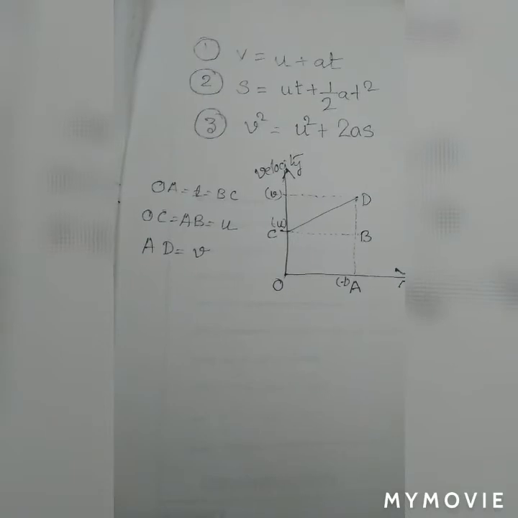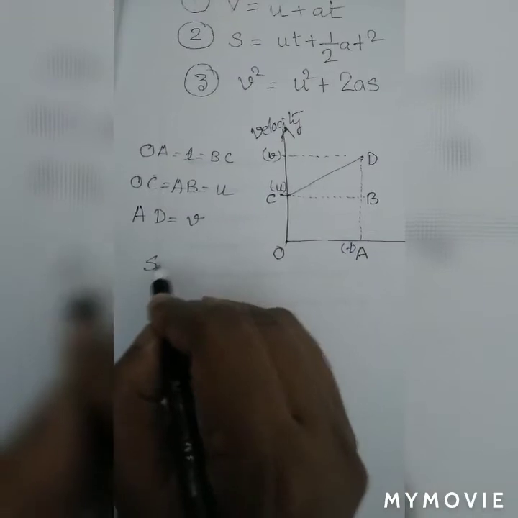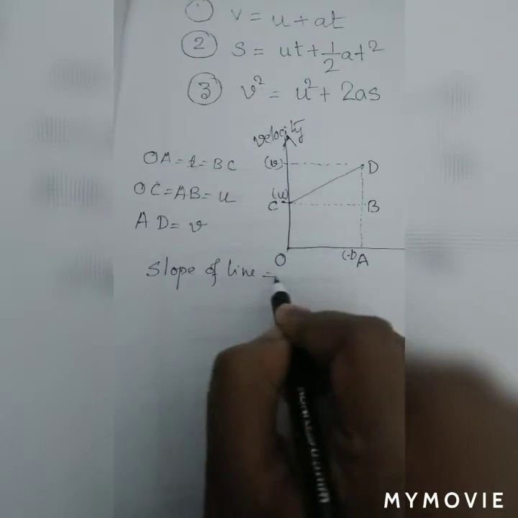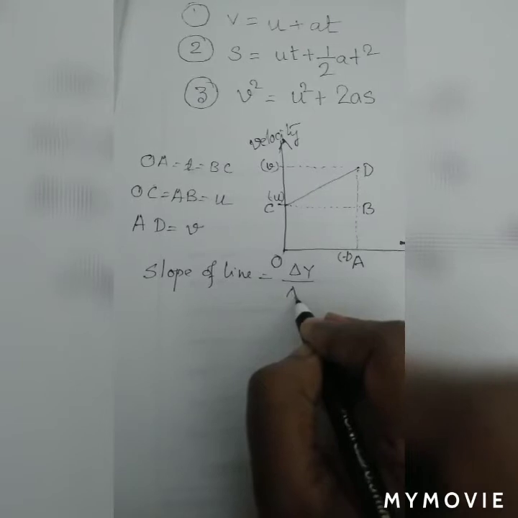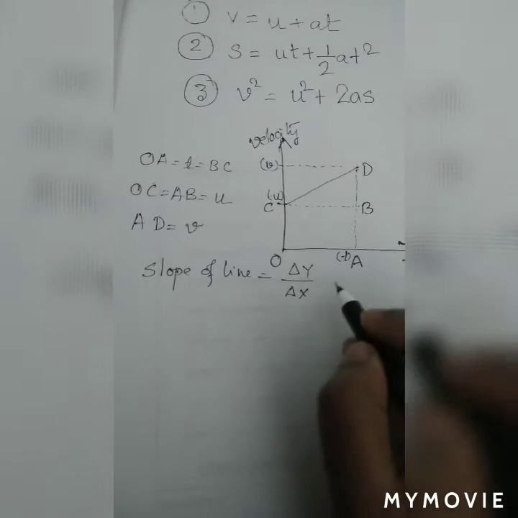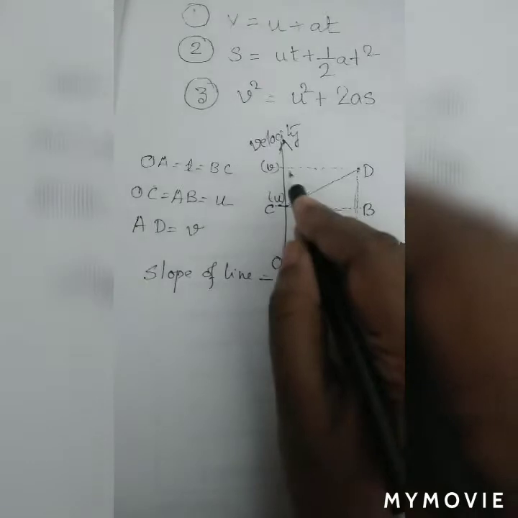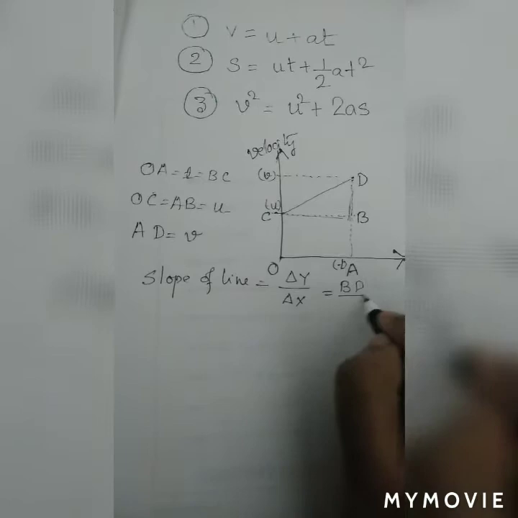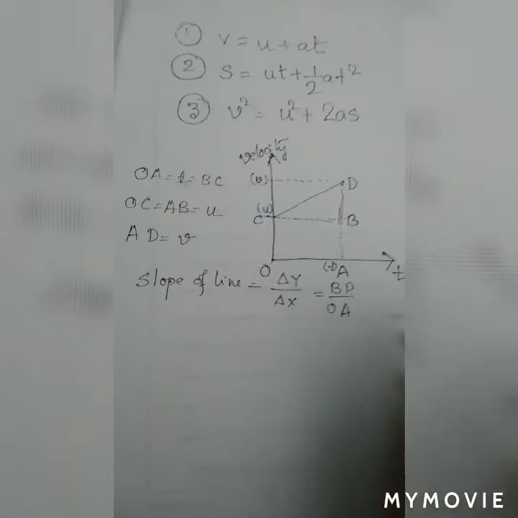Fine. We know the slope of a line. What is the slope of a line? Slope of a line is equal to change in y divided by change in x. Now here what is the change in y? Change in y is this portion, BD, and the change in x is OA, right?